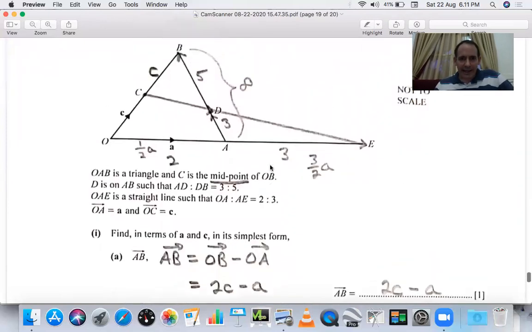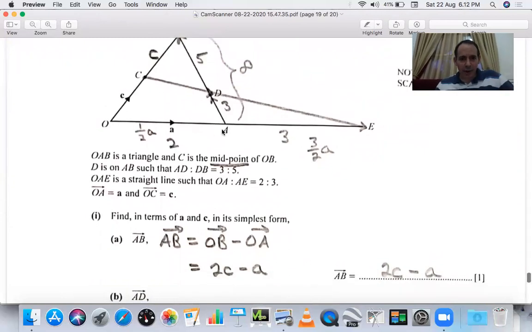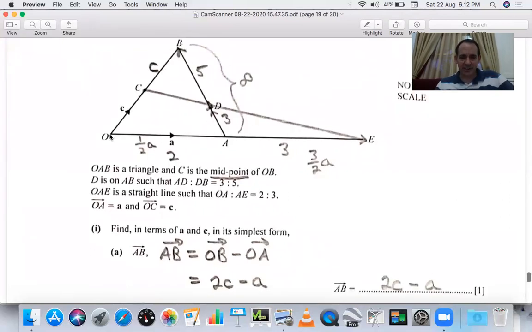So we want A to B. A to B is this. So A to B first is OA to get you to A. Remember, everything has to be from the origin. So first we have to start from O, go to A. And OA is connecting OB, which is this one here. So notice our vectors are tail to tail. So that means we need to subtract.